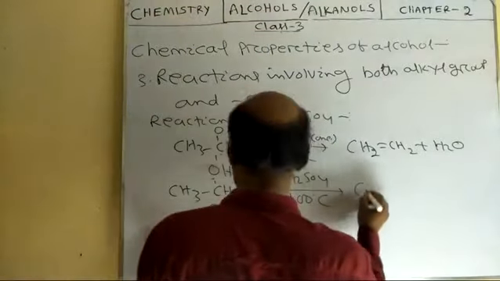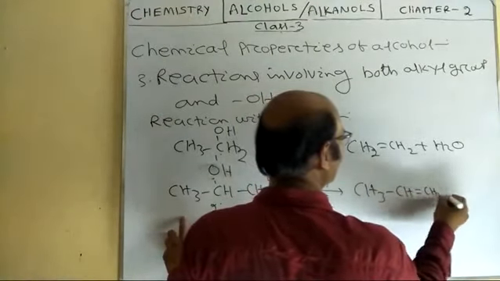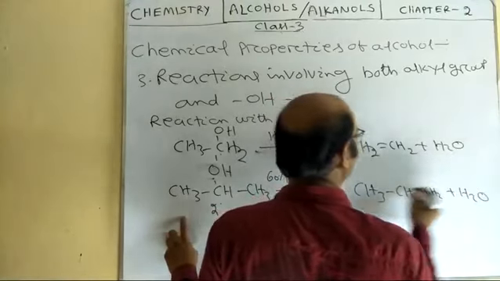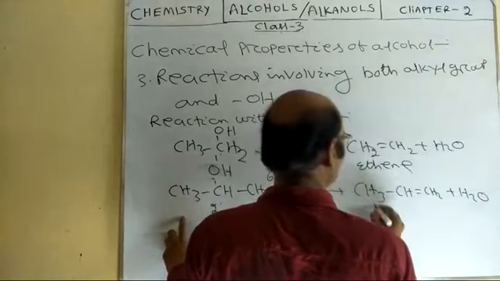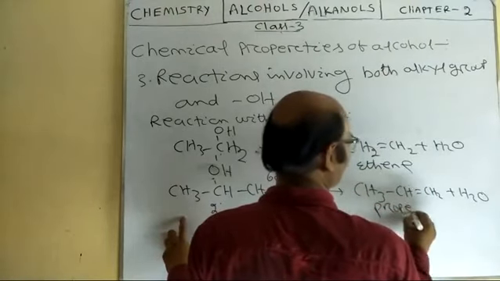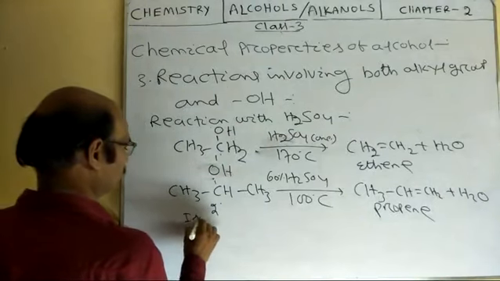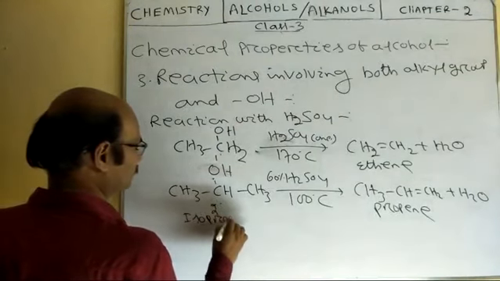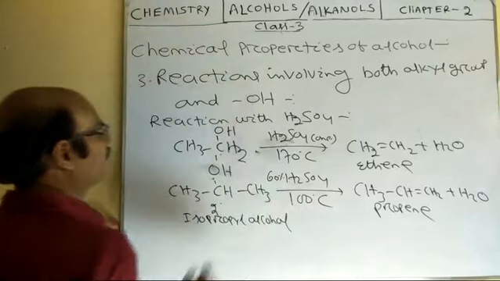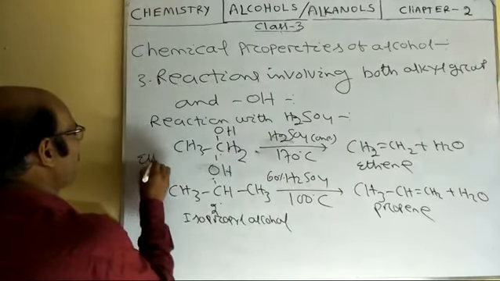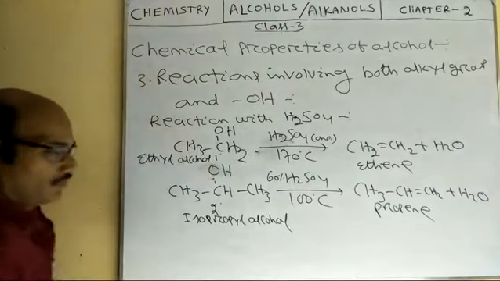This gives CH3CH=CH2 plus H2O. Now, ethene, propene, isopropyl alcohol, ethyl alcohol.